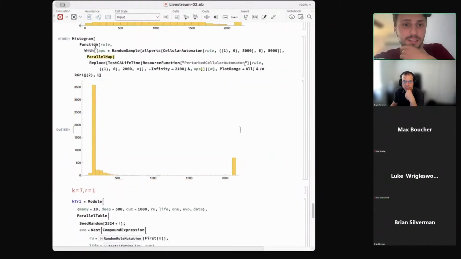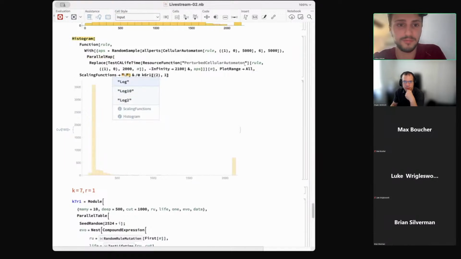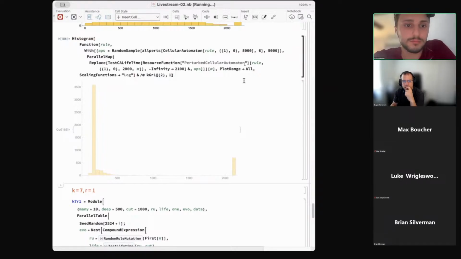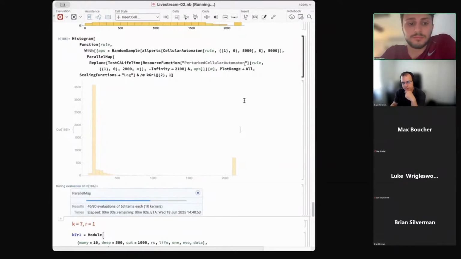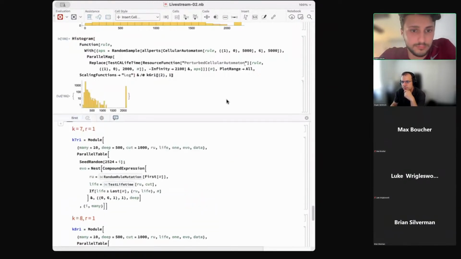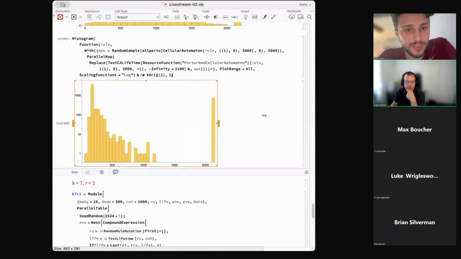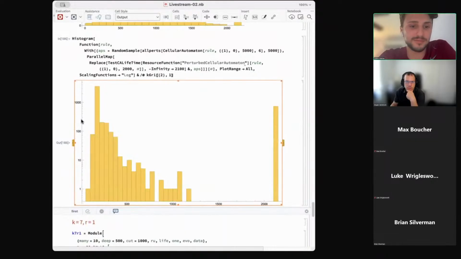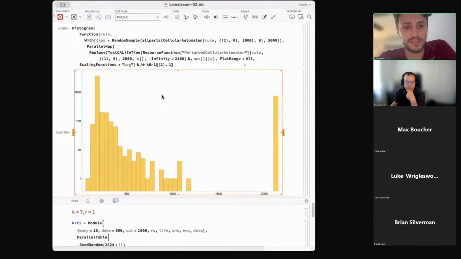Let's see. Hmm. Yeah, kind of power law-y, although we would need to see the bins in log too to see that.